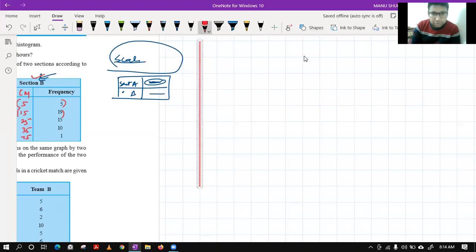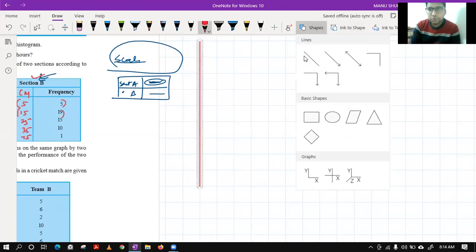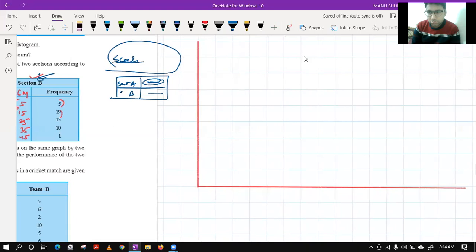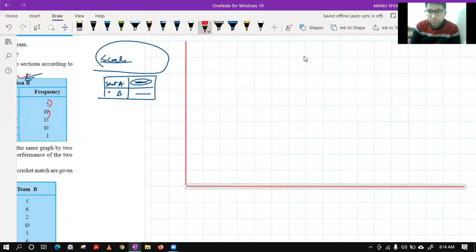This is your y-axis. Then you have your x-axis. Simply I will write over here y, x. Tell me the scale that we should use in this one. Tell me the scale.